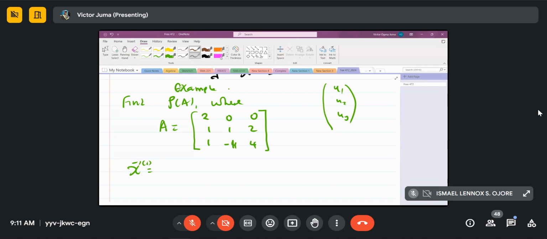So can somebody give us the vector to start with? Any vector you are guessing.